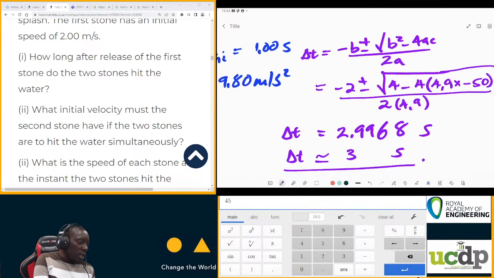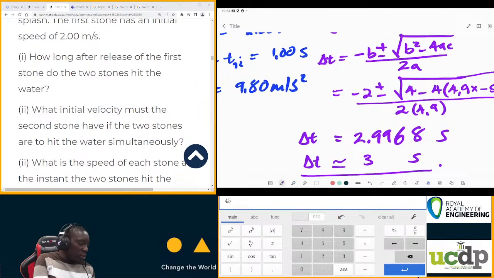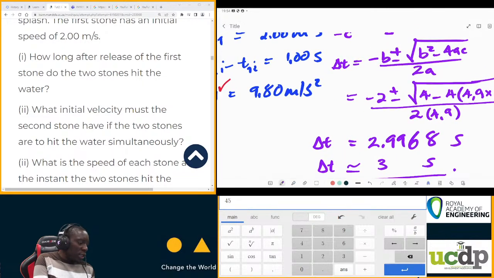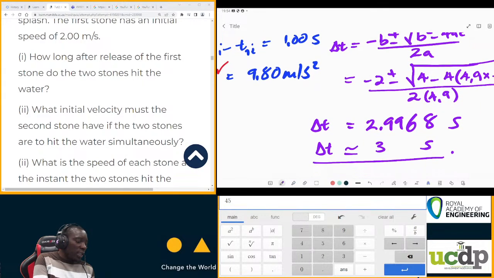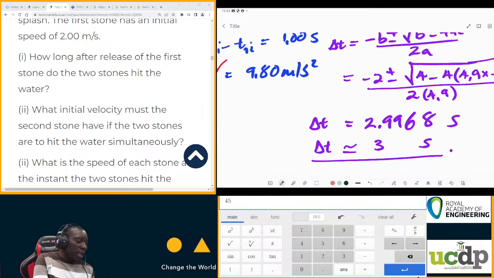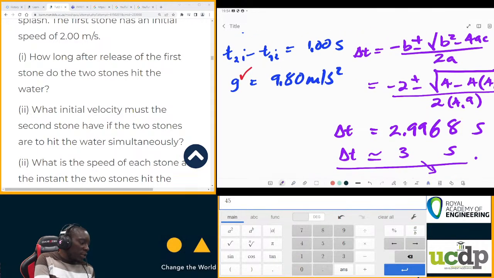So this is now a relationship question where the second stone is thrown a second later, which means the time of its trajectory is a second less than t. You remember this expression? T2 initial minus T1 initial.